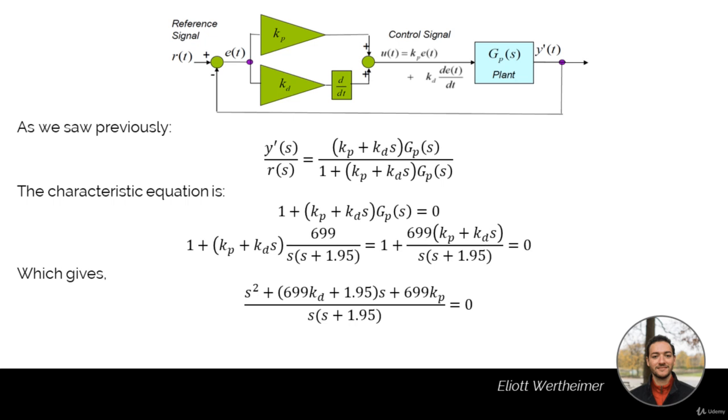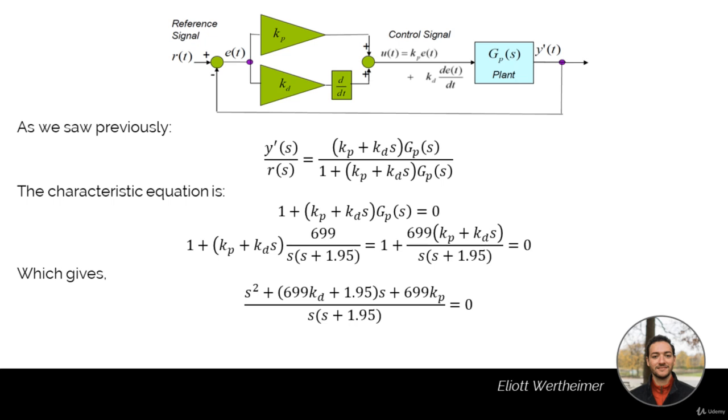Y'(s) for our system. And it is equal to (Kp plus Kd s) times G(s) divided by 1 plus (Kp plus Kd s) multiplied by G(s). As usual, the characteristic equation is the denominator of this transfer function equated to 0.